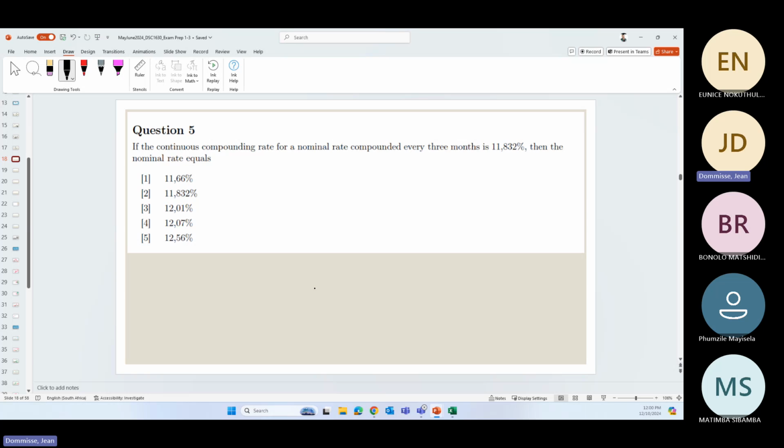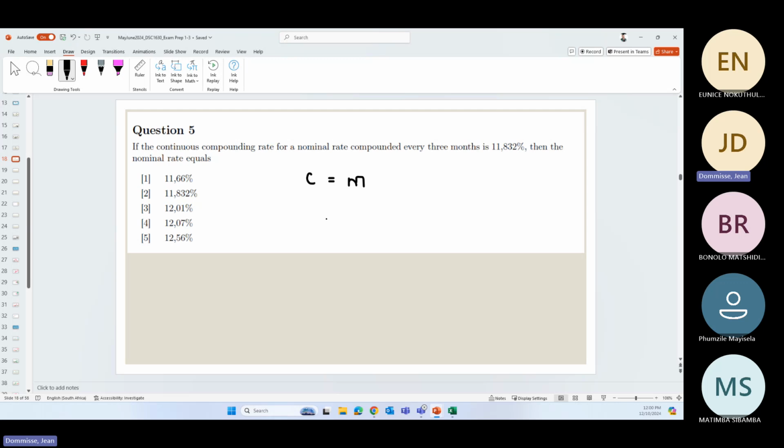So again, this is one of those that we love to ask. So we have a nice formula for this. The other one that we love to ask is moving from nominal to effective rate. I was hoping there's one in this week, but else I will make sure we have one for the next round.